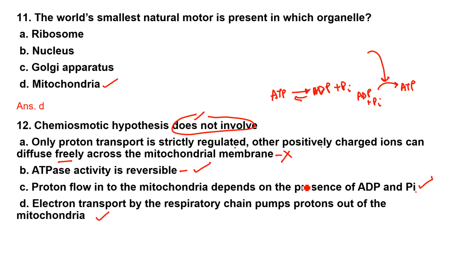That is what we were learning in the electron transport chain: the electrons flow from one electron carrier to the other, and when they are transported, free energy is released, and this free energy is involved in pumping the protons out. The electron transport carriers were transporting the protons from the matrix to the intermembrane space.